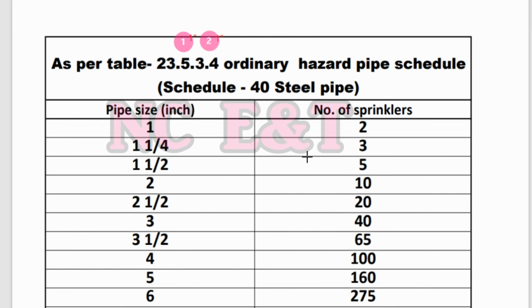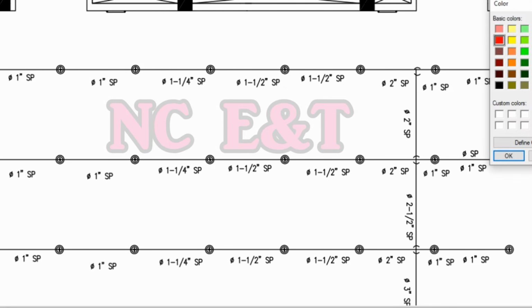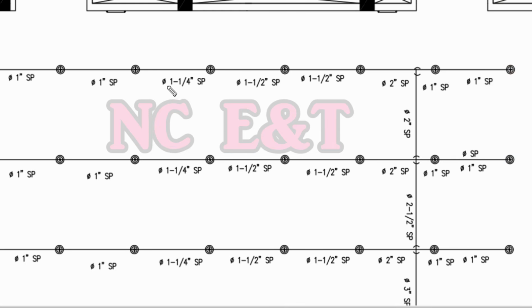For sprinkler number 3, we need to use the pipe size 1.25 inch. So you can see for sprinkler number 3, we have used the pipe 1.25 inch.